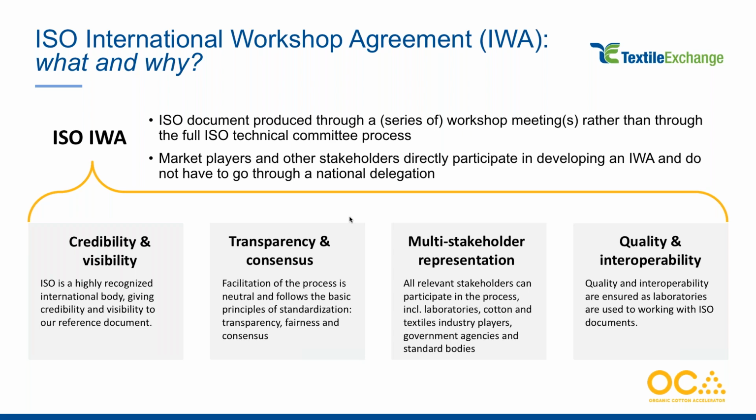We did this with many different stakeholders, all of them from laboratories to cotton and textiles industry players, government agencies, standard bodies were invited and participated in the discussions and the actual workshop agreement. And then another very important point is that many laboratories are used to working with ISO standards and documents, so that highly increases the quality and the interoperability of the document that's produced.